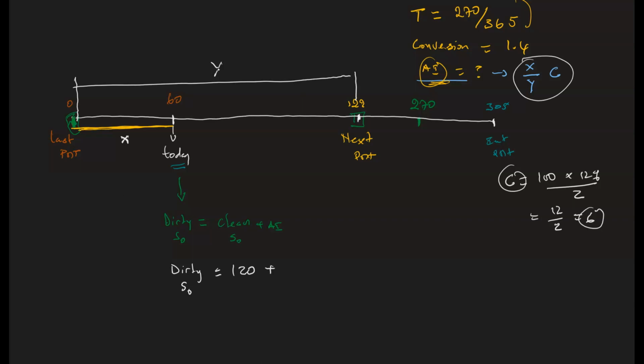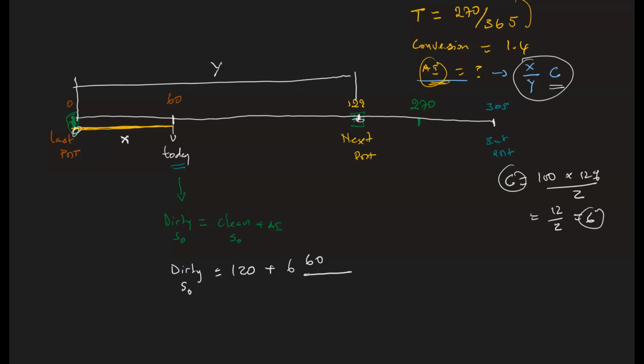So what is X in this case? Well, X is going to be 60 days, so that's going to be 6, our coupon payment, multiplied by 60, and we're going to divide that by Y. Y is going to be the period from the last payment to the next payment.